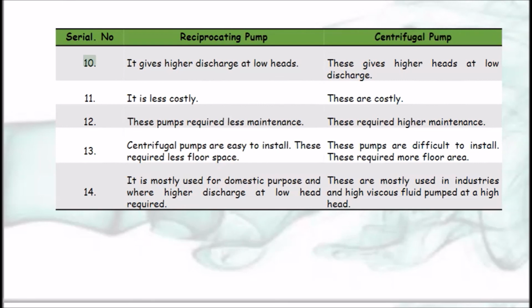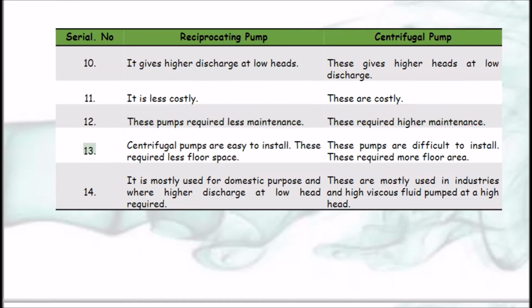Ten. It gives higher discharge at low heads. These give higher heads at low discharge. Eleven. It is less costly. These are costly. Twelve. These pumps require less maintenance. These require higher maintenance.